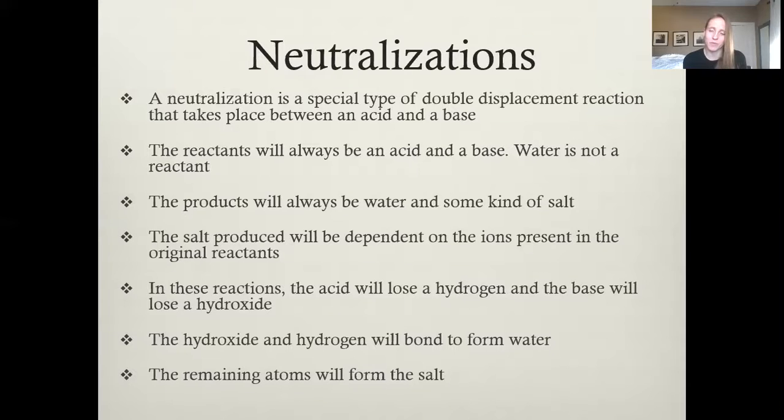The salts produced will depend on what ions were in the original acid and base. In these reactions, the acid will always lose a hydrogen, the base will always lose a hydroxide, and then the hydroxide and hydrogen combine to form the water. Anything that's left over forms the salt.